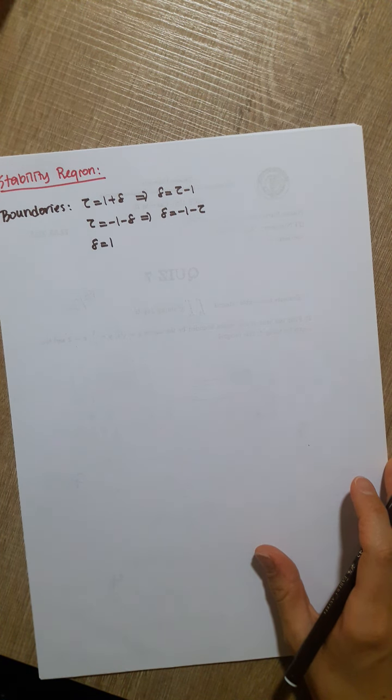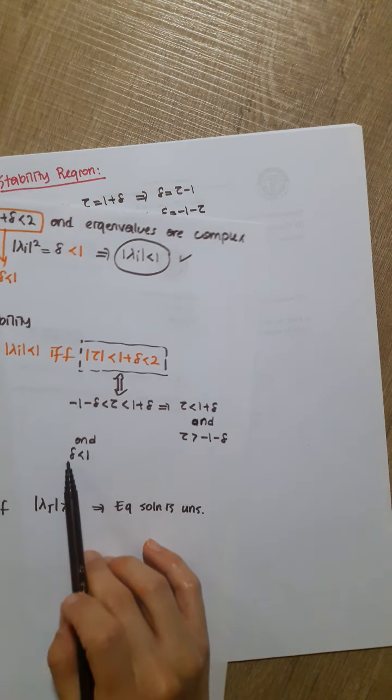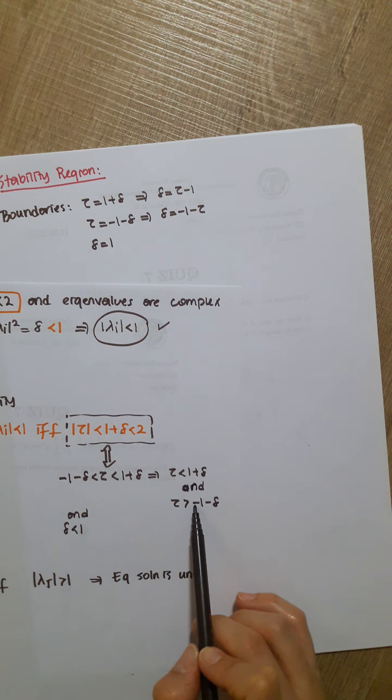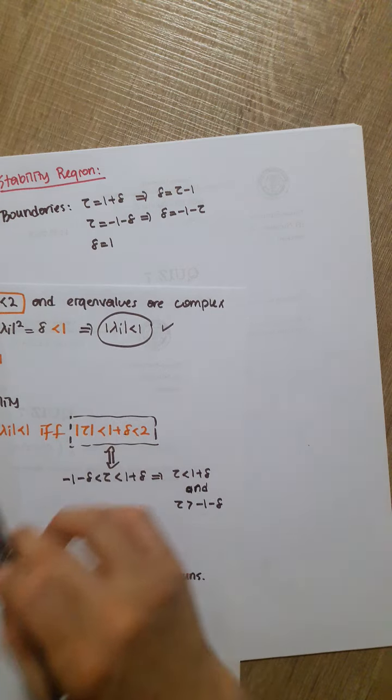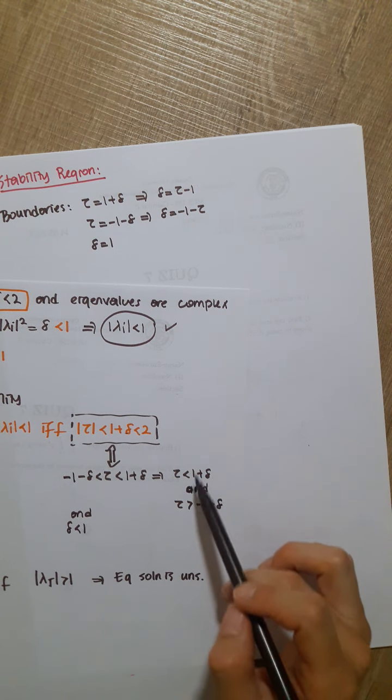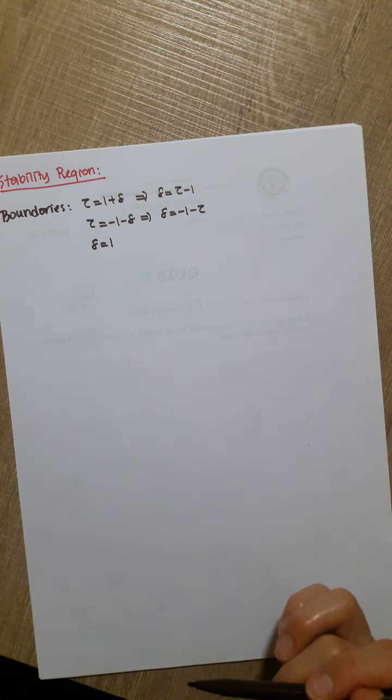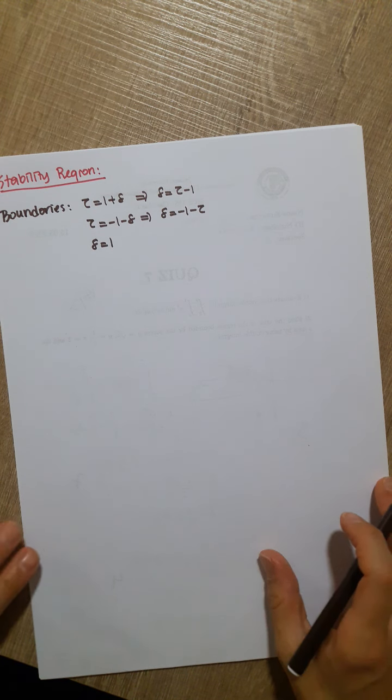Why? If delta is less than 1 and tau is less than 1 plus delta and greater than minus 1 minus delta, we have stability. If one of them does not hold, we have instability. So because of that, the region will be this.